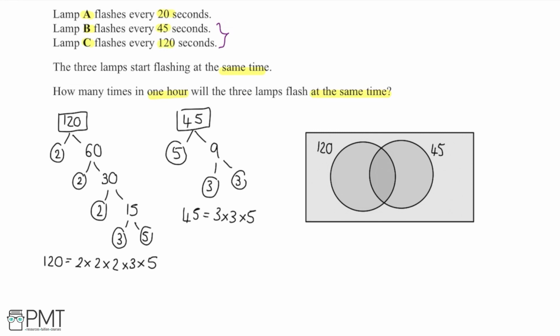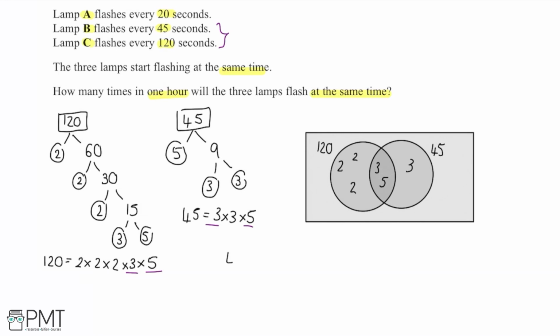So any that go in the intersection, in this section here, are prime factors of both 120 and 45. And we have 3 in both and a 5 in both. So in the centre, we're going to have 3 and 5. And then in the rest of the 120, we'll have 2, 2, and 2. And then over here, we'll have a 3.